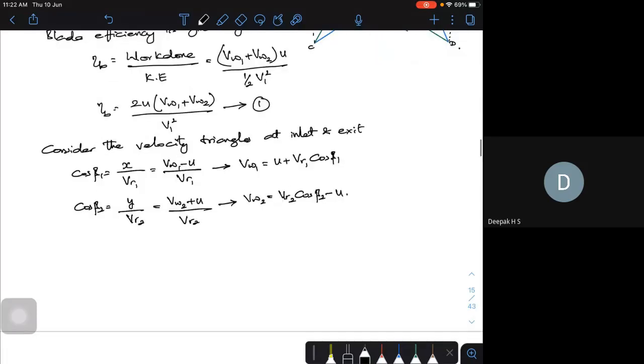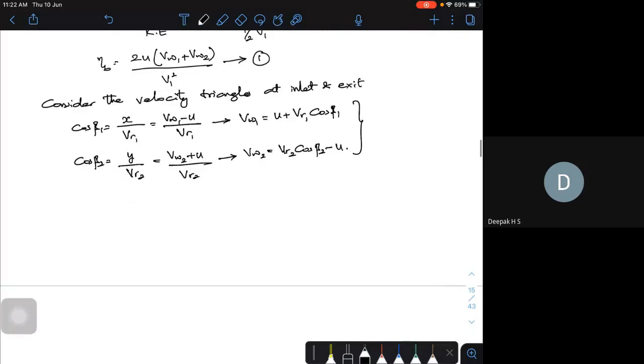Now I'll substitute this VW1 and VW2 in equation 1. Once I substitute, I'm going to get the blade efficiency in terms of beta 1 and beta 2. It may be a repetition of what we did yesterday.